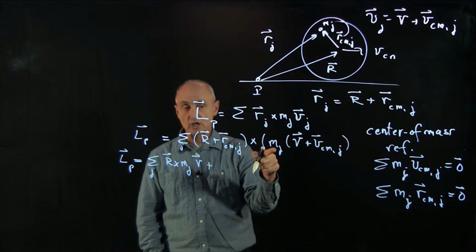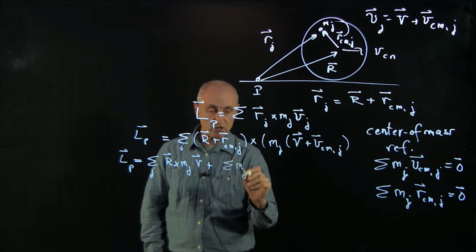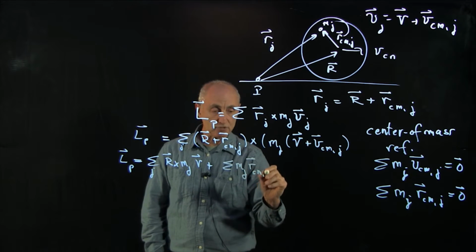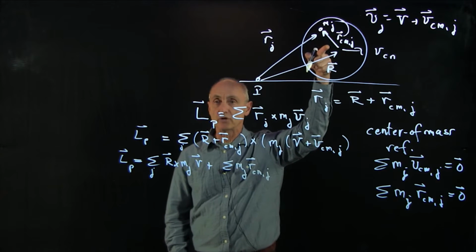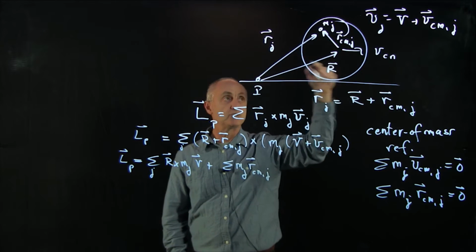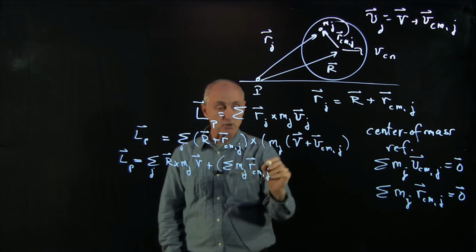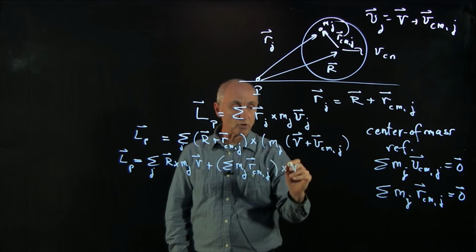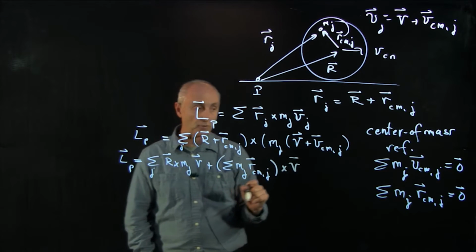But because mj is just a scalar, I'm going to pull it in front. So that's mj rcmj. And V is the same for every single particle in the object. Remember, V is just the velocity of one reference frame with respect to the other. So I can pull that out, cross V. And you're already noticing that this term will be 0.